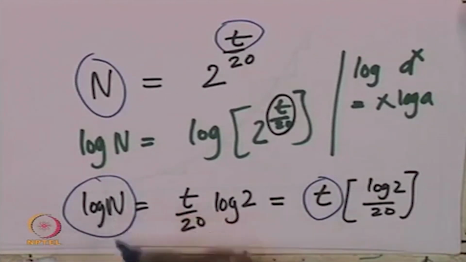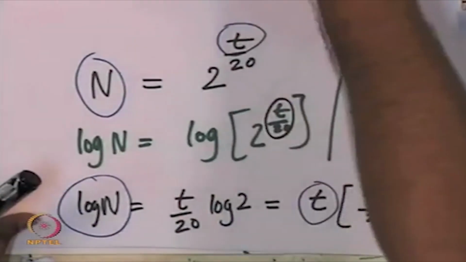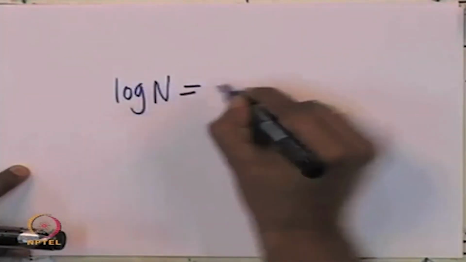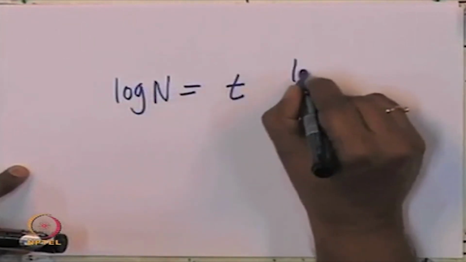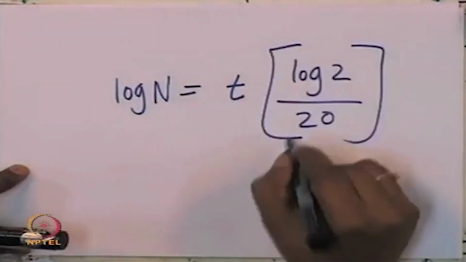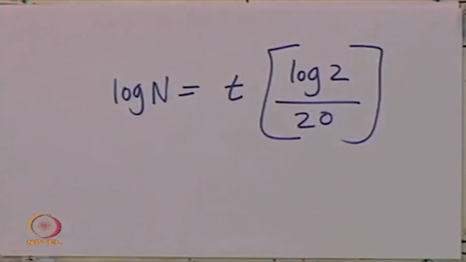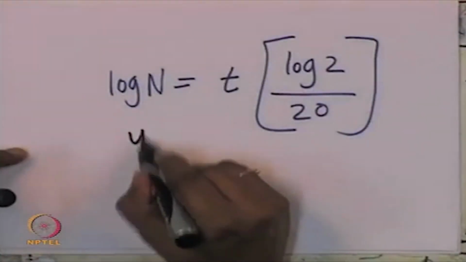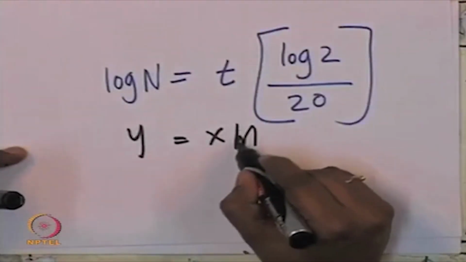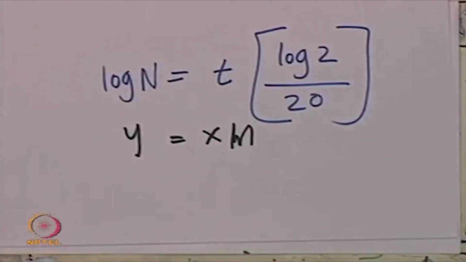The expression we have is basically log n is t times log 2 divided by 20. This is the expression we finally got, and if we plot this as y, this as x times some constant m, this is some constant. So, what is this? This is a straight line. What you would get is a straight line.